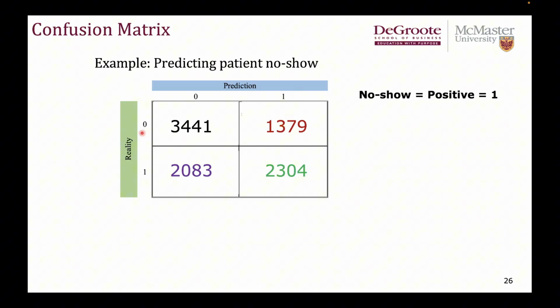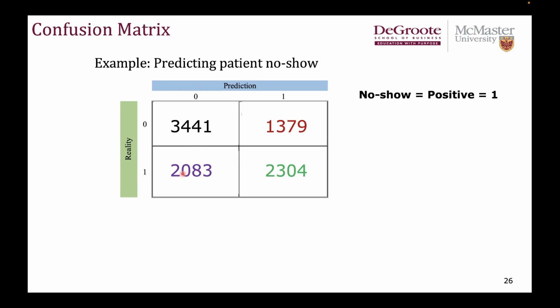It means that you made a mistake. So sometimes we call this a false positive, because the prediction is positive, which is 1, but in reality, they are 0, negative. And similarly, this number, the purple number, 2083, you predicted them as zeros, as negatives, but in reality, they are 1s, they are positive.